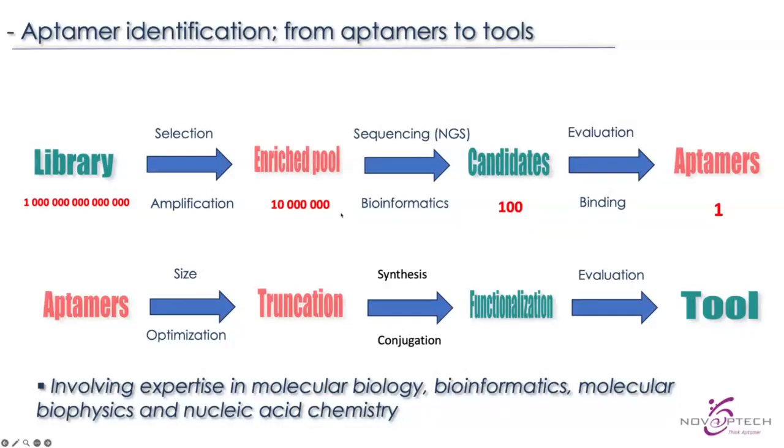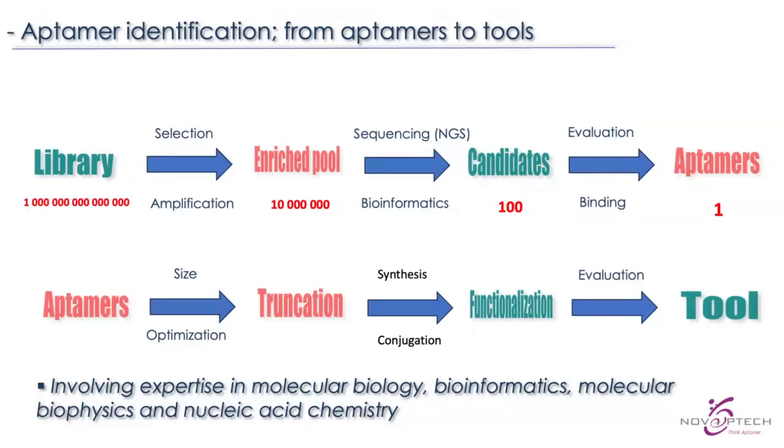And we analyze these pools by bioinformatics. We try to identify characteristics either at the primary sequence level or the predicted secondary structure level. And we analyze something like 100 candidates. And we synthesize these oligonucleotides and we evaluate their binding properties. And at the end, we get aptamer.